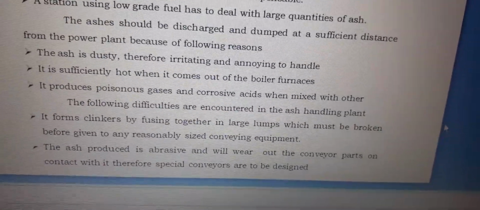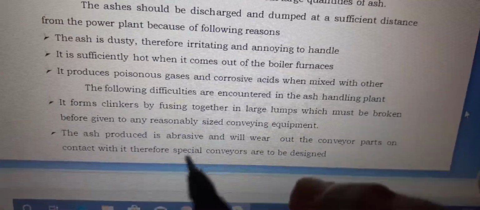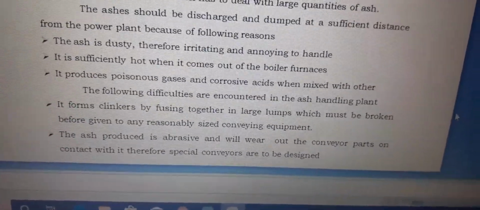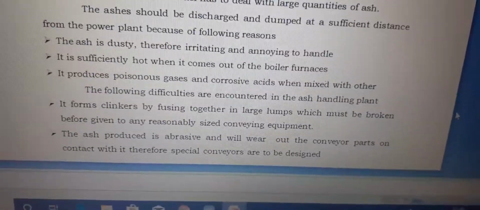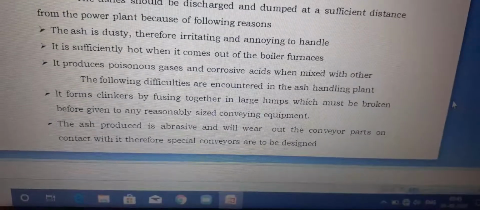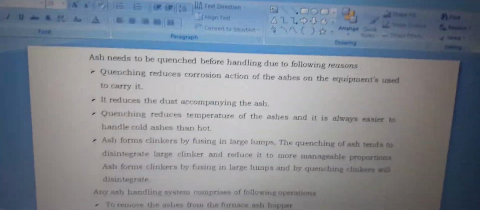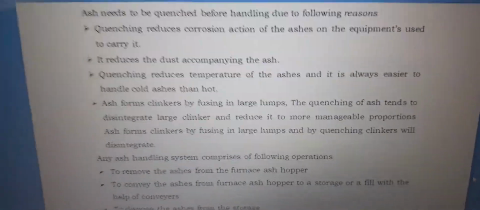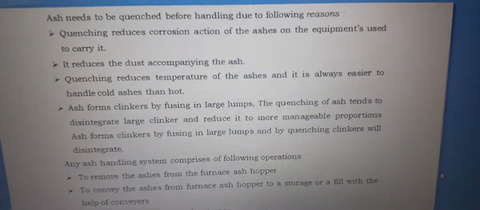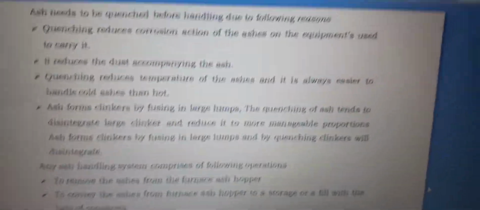The following difficulties are encountered in an ash handling plant: it forms clinkers by fusing together in large lumps, which must be broken before being given to any reasonably sized conveying equipment. The ash produced is abrasive and will wear out the conveyor parts. And ash needs to be quenched before handling for the following reasons. Quenching reduces the corrosive action of the ashes on the equipment used to carry it.